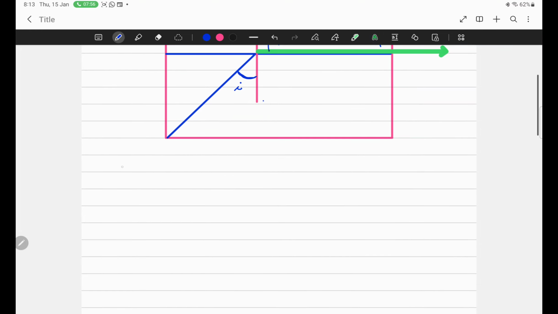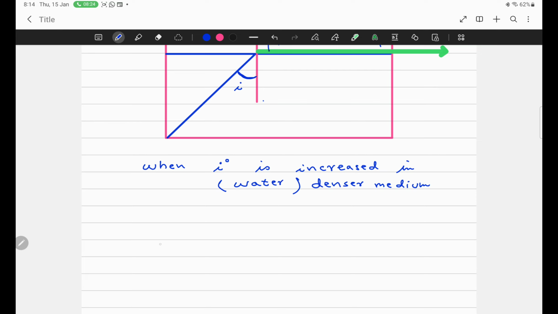So I am writing a few sentences here. Note down: when angle I is increased in the denser medium, then angle R is further increased in air.